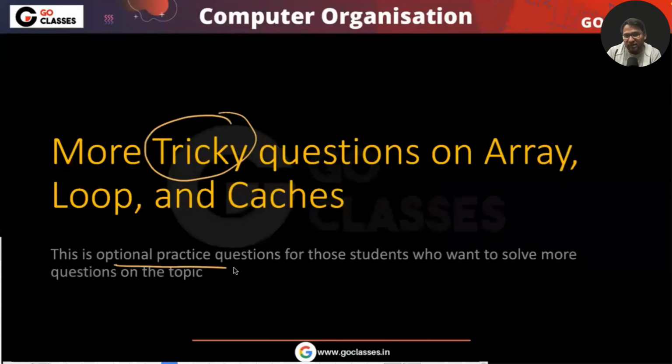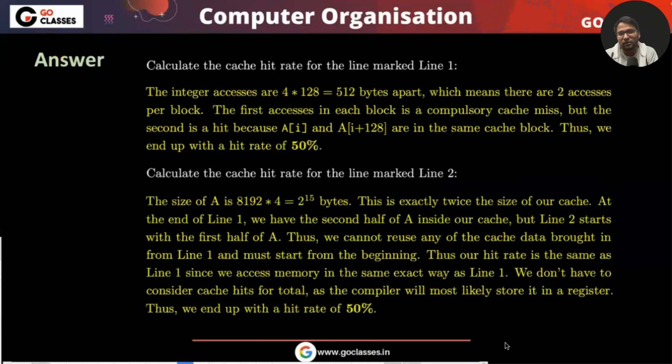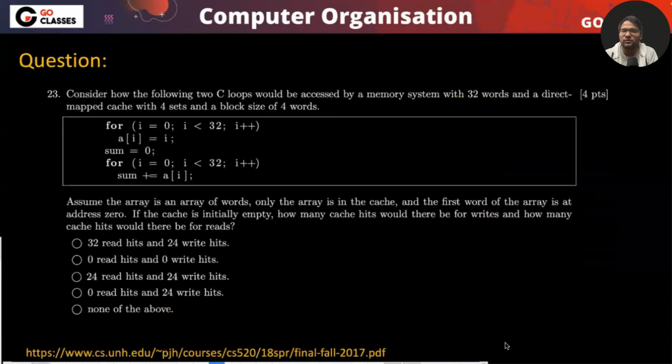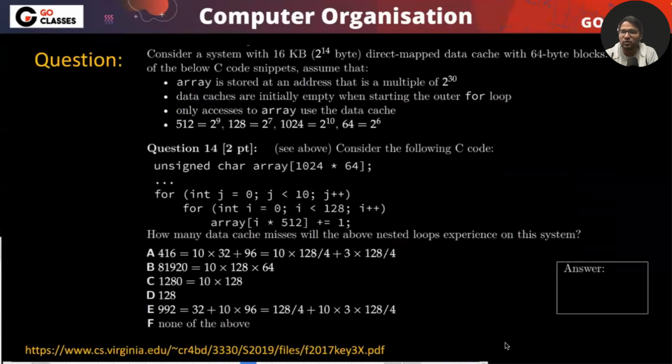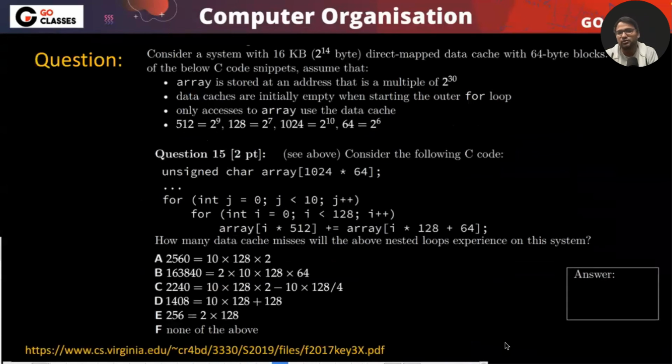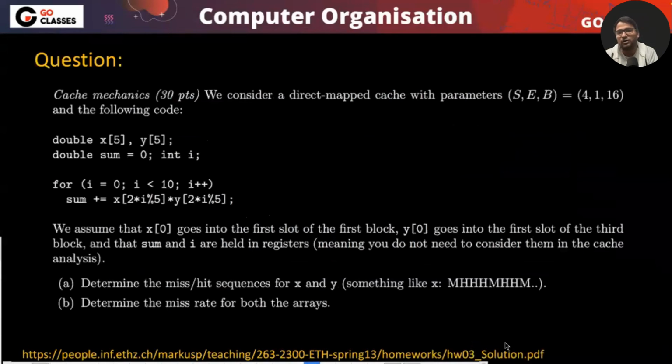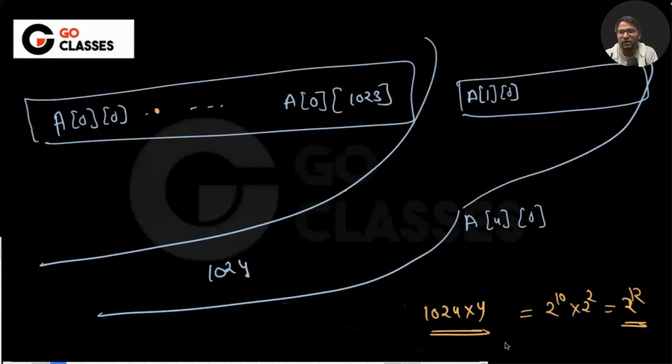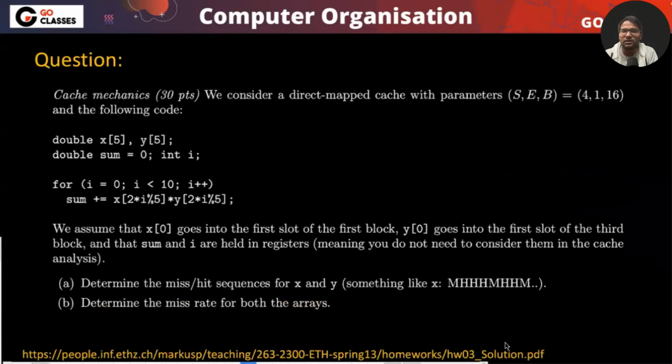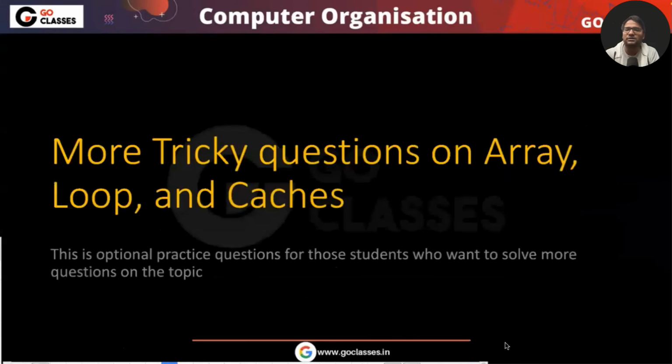This is just optional practice questions that I have. Okay, so you can see this question, you can see the answer on the next page, and so on. Okay, there are 7-8 questions that I have put in, but these are little tricky questions. Okay, if you want, you can try out. Otherwise, this is just optional practice.